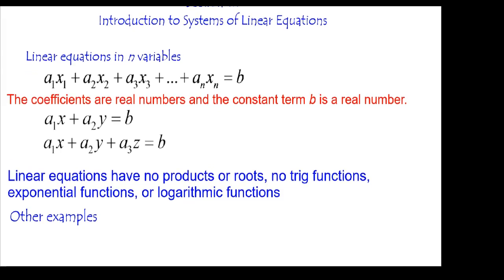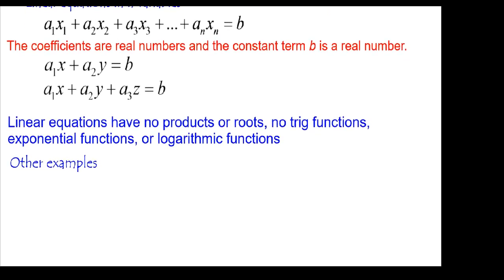So let's take a look at some examples of linear equations, and then we'll also take a look at some that are not linear equations. So a linear equation in 2 variables might be 3x plus 2y equals 7.